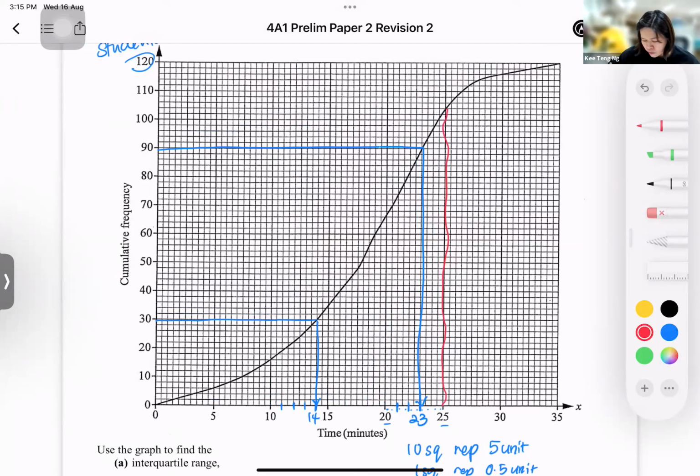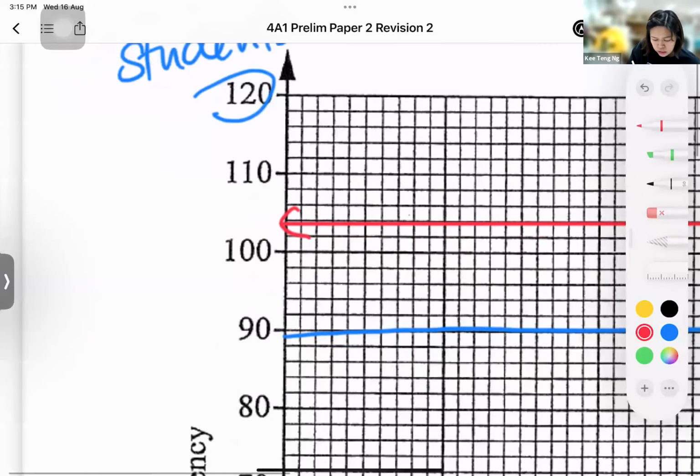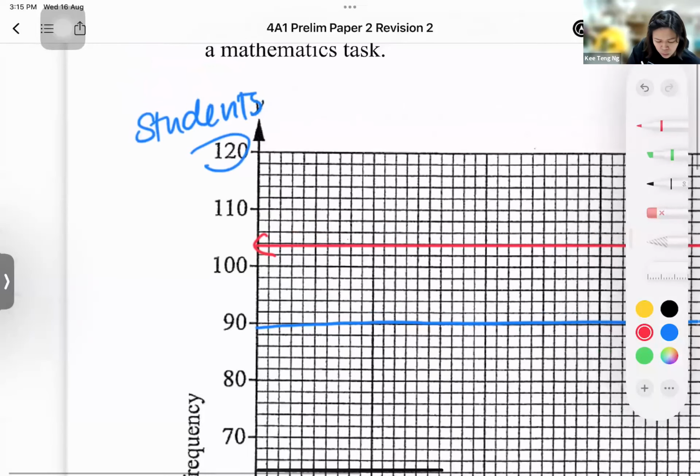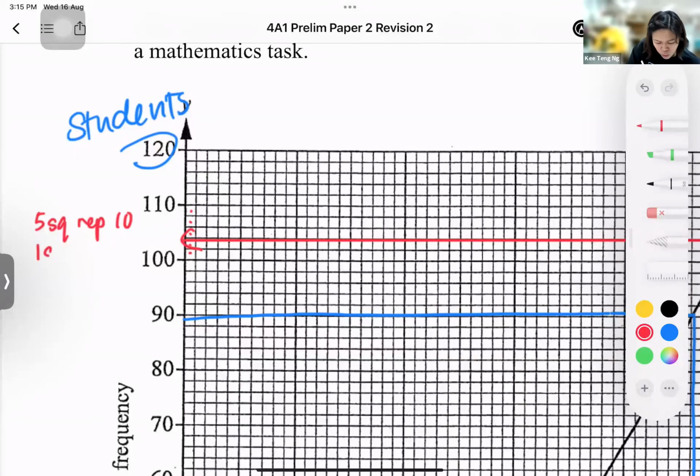So I read 25 minutes and find this number. How do I read this scale? 1, 2, 3, 4, 5. 5 squares represent 10 units, so 1 square will represent 2 students.